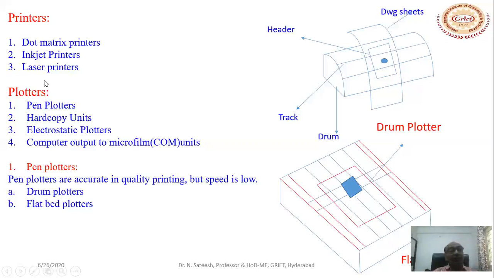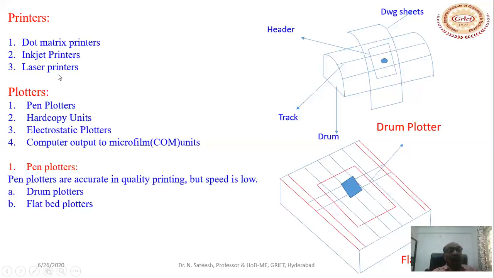Once it gets printed, we have to keep it for some time in hot air so that it gets permanently fixed. Otherwise, when water is poured on the printed paper, the characters will get blurred. Today we are using inkjet printers, mostly for color printing, but the speed is less compared to the laser printer.